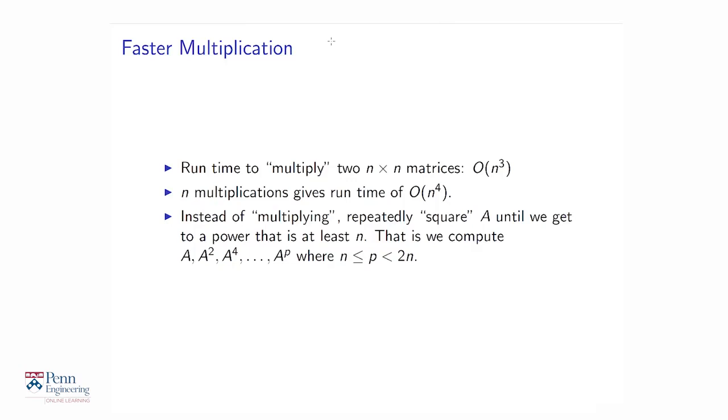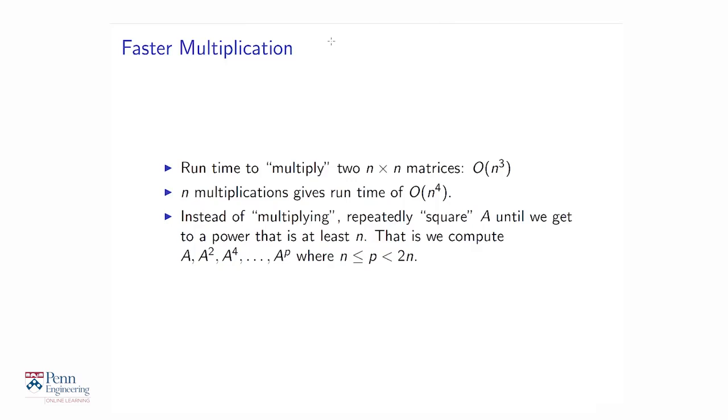But now that you understand what this special kind of multiplication is, we can just square A like this until we get a power of A that's at least n. So we get A squared by multiplying A by itself. From A squared, we can get A to the fourth by multiplying A squared by A squared, which we've already computed. From A to the fourth, A to the eighth, and so on, until we get to a power p, which is between n and 2n.